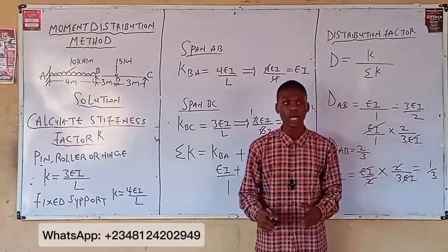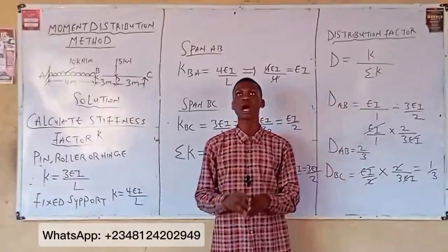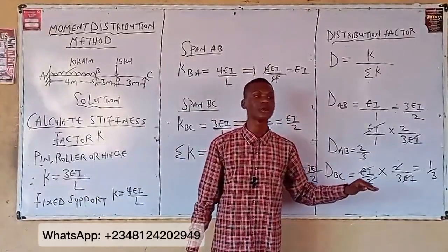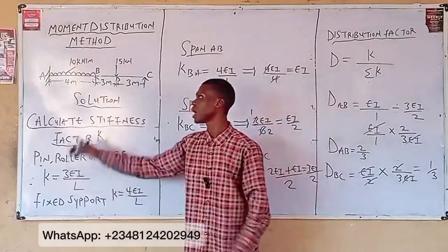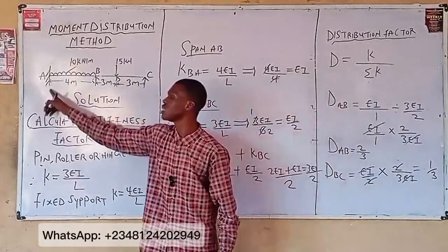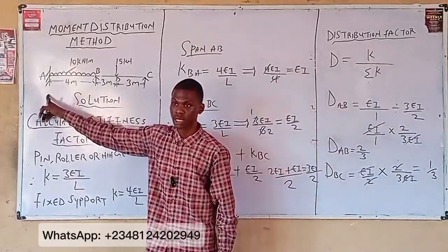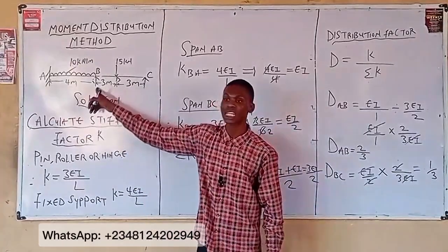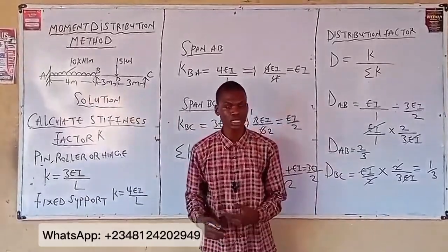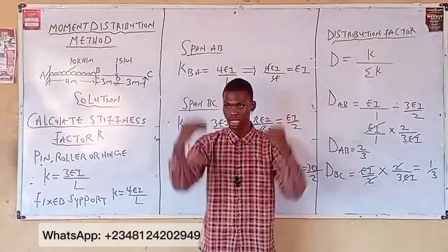Nothing is changing. The next step now, you are going to add your table. By table, you want to get the final moment at each support. Given this question, we are interested in knowing the moment at point A, at point B and at point C. How do you get this moment? By drawing this particular table, we are going to get it.